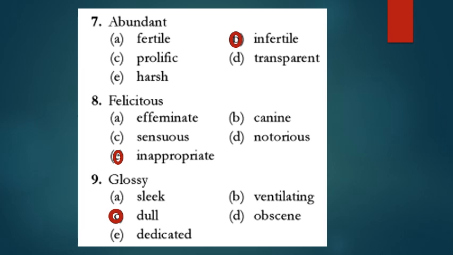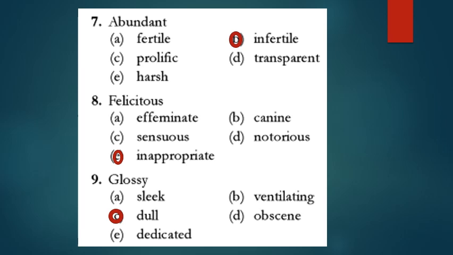Abundant. Abundant means plenty, ample, fertile. So the opposite of that will be infertile. Even prolific has the meaning large, in plenty. Let's go to the next word, felicitous. What does felicitous mean? It means very apt, very suitable, very appropriate. So the opposite of that will be inappropriate.